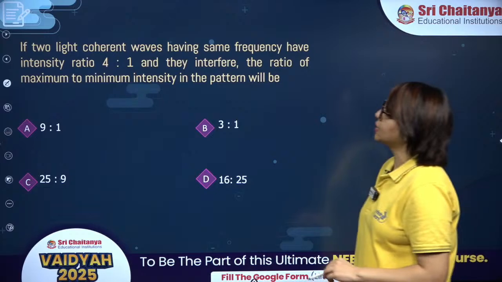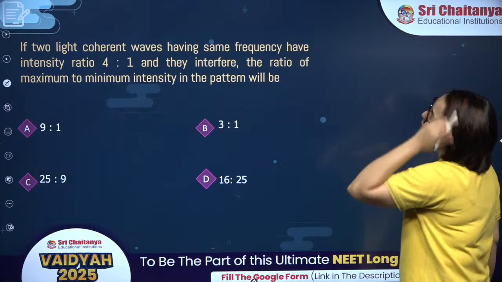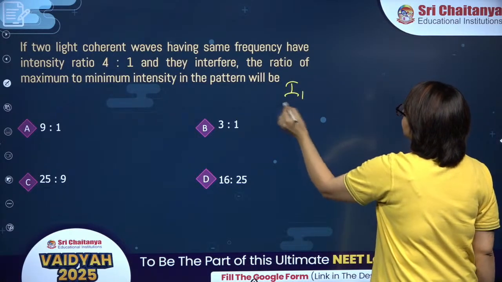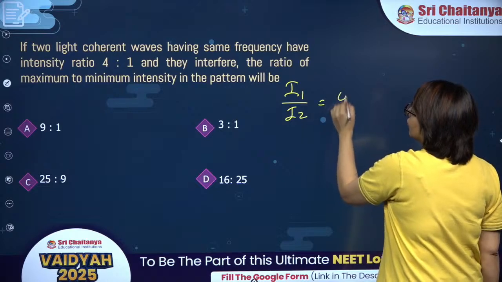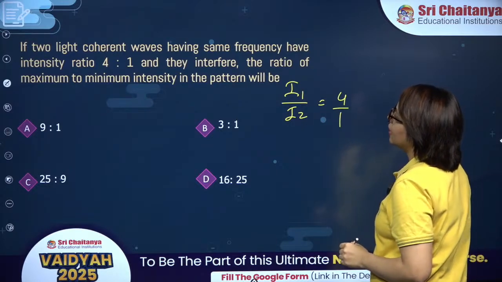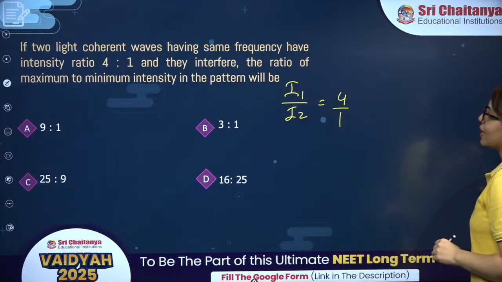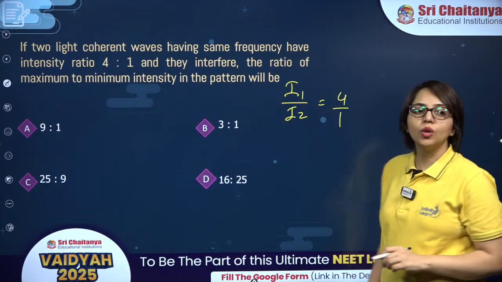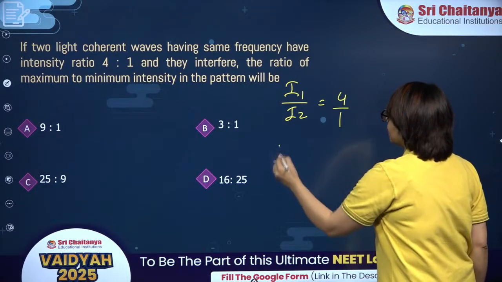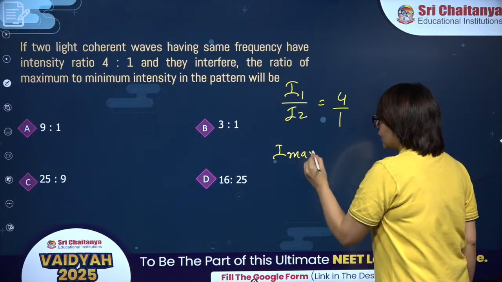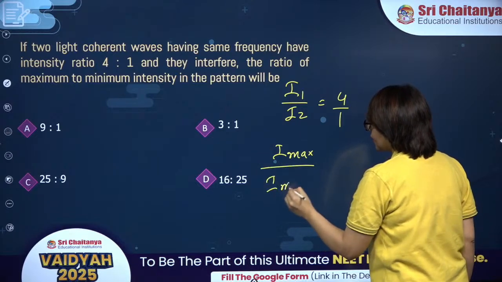If two light coherent waves having same frequency have intensity ratio 4:1, and they interfere, the ratio of maximum to minimum intensity in the pattern will be, you have to find I max to that of I minimum.